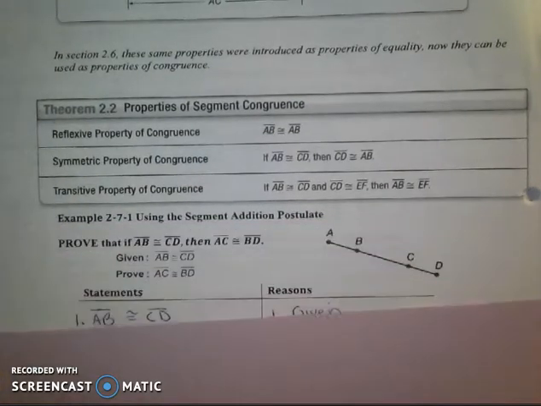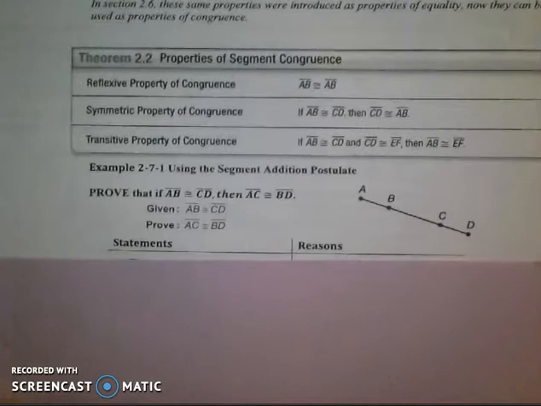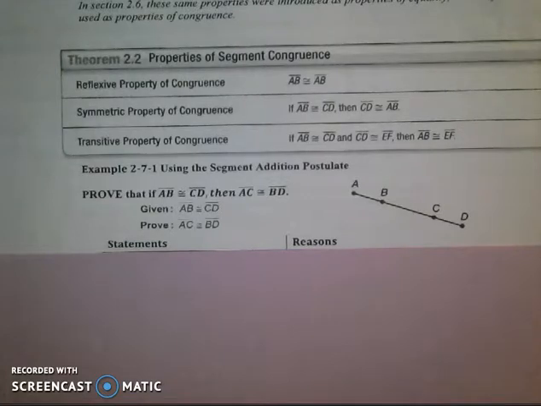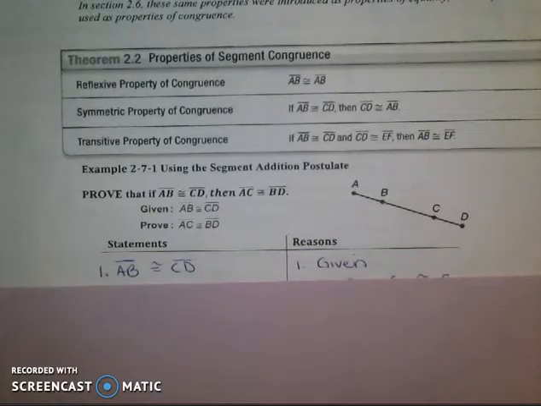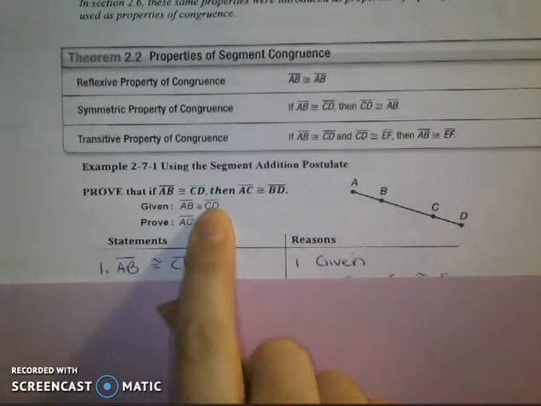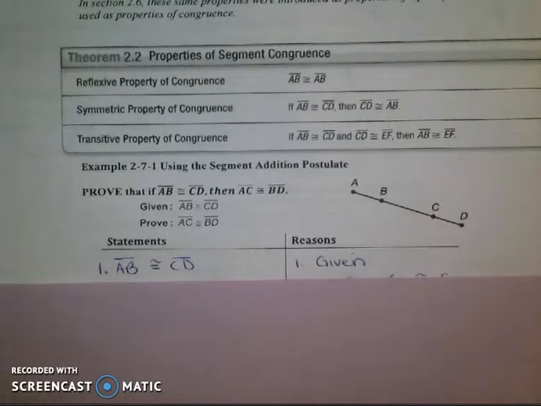So let's take a look at our first two-column proof here. And we always start with what? We always start with our given. So we're going to split up our given here, oh, sorry, we only have one given. There it is. That's our sentence of what we're trying to prove. So segment AB is congruent to segment CD.